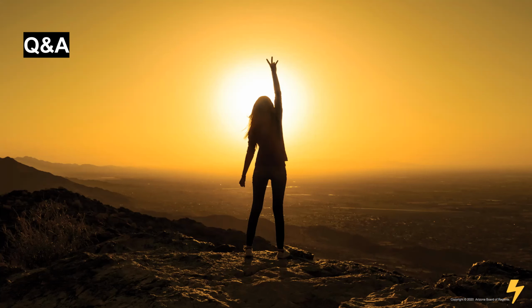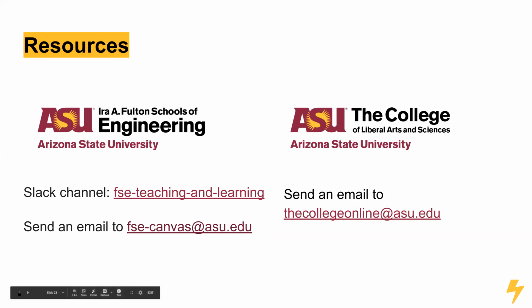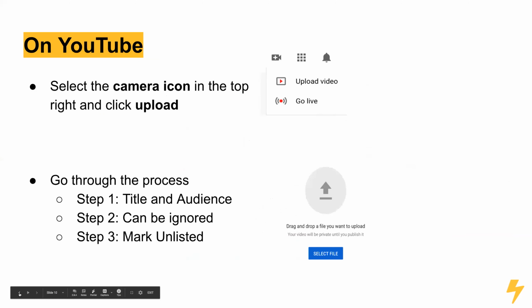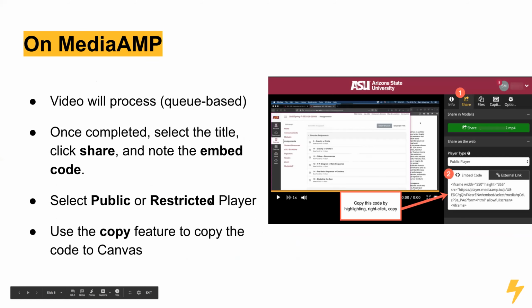Yeah, so both players have auto captioning, if you will. Andrew, can you go back to the slide that shows the screenshot from MediaAMP where you get the embed code? One of the tabs across the top there is captioning. There's a button that will auto transcribe the video, and then it'll show you what it's transcribed, and you can go in and edit any of the mistakes that the auto transcriber made.